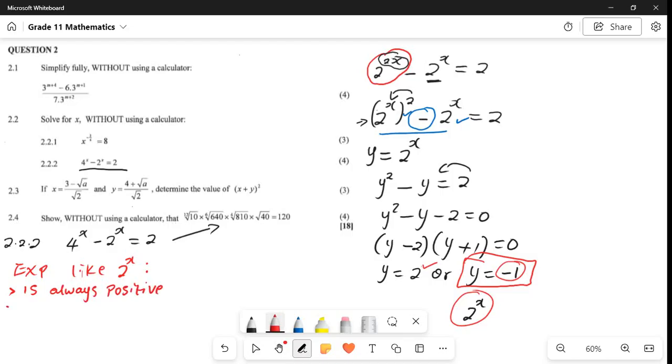It can never be 0, and it can never be negative. That is because the expression 2 to the power x is always greater than 0 for all real values of x.